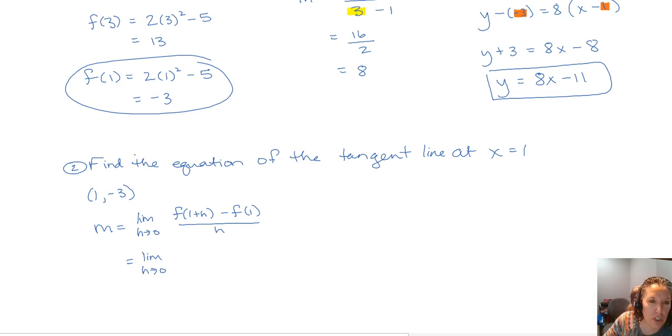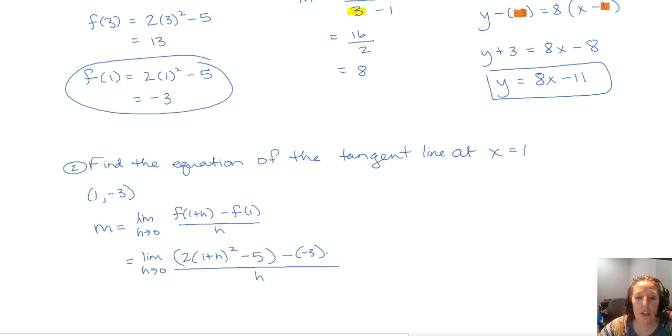So that function was 2x squared minus 5. So we'll get 2 times, instead of x, we're going to plug in 1 plus h squared minus 5. All of that is our first term, f of 1 plus h, minus f of 1. Well, we've already found f of 1 is negative 3, all over h.